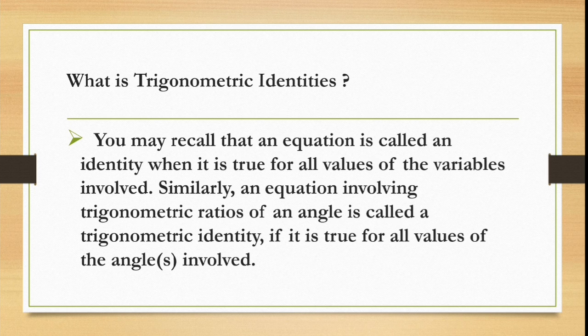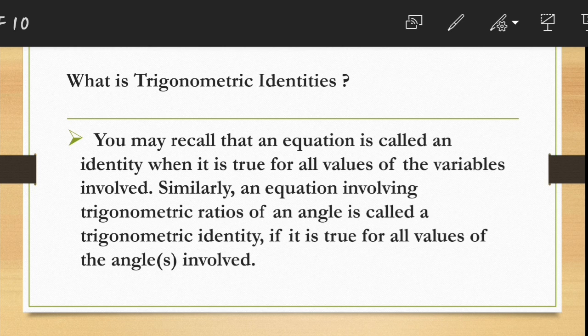You may recall that an equation is called an identity when it is true for all values of the variable involved. Suppose (x plus y) whole square is equal to x square plus 2xy plus y square. This identity is true for all the variables.